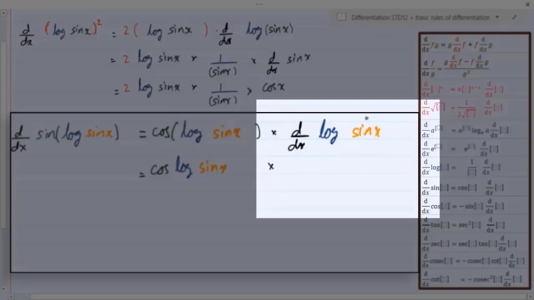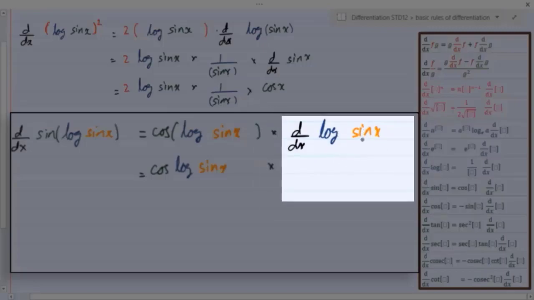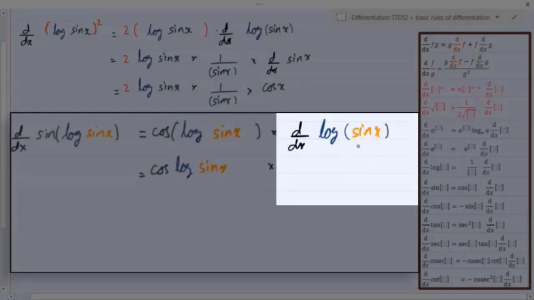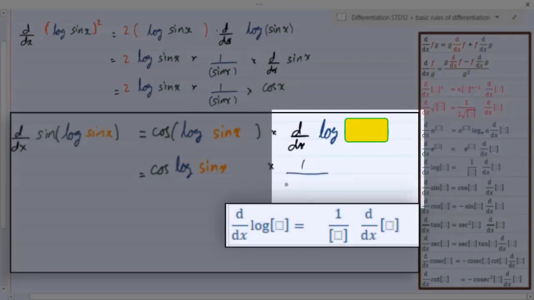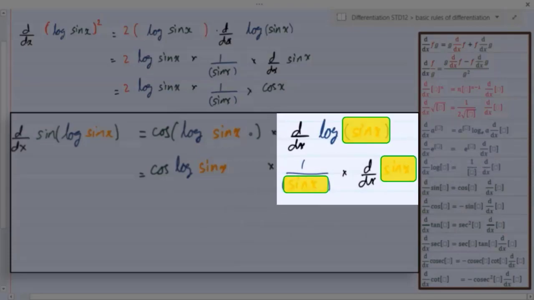We just have to focus on the differentiation of log sin x, which is a combination of log and sin. As you can see, sin x is the inner function, so we have to consider a box around it. We just have to differentiate log box, which is 1 upon box into d by dx of box. Within the box we have sin x.